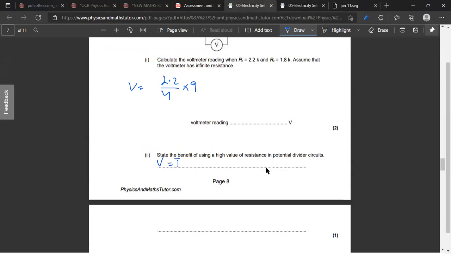V equals IR. For the EMF, the battery will always be providing 6 volts. So if I increase the value of R, current will decrease. So low current.